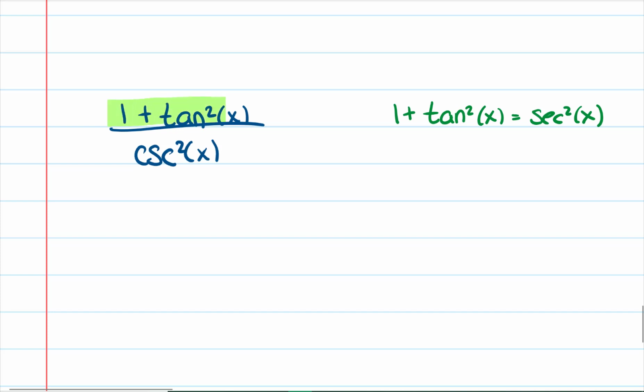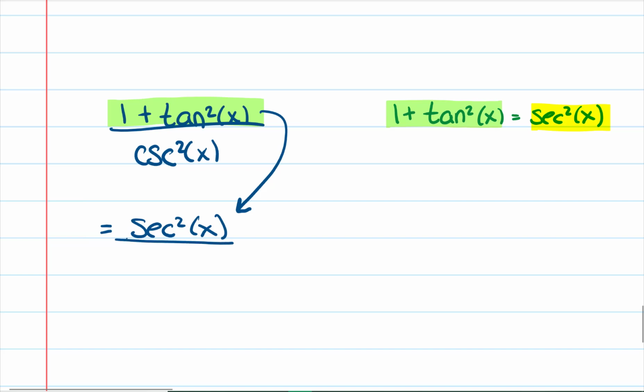So this whole numerator is actually just going to become secant squared. Again, the numerator 1 plus tangent squared is secant squared, all divided by cosecant squared.